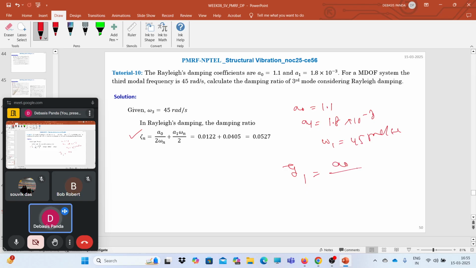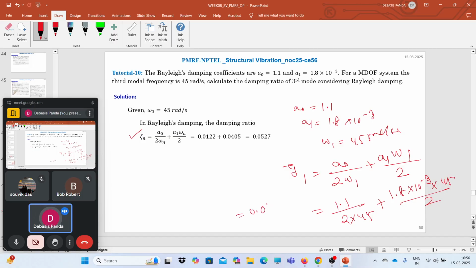Zeta 1 will be a naught by twice omega 1 plus a1 omega 1 by 2. That is 1.1 divided by twice into 45, plus 1.8 into 10 to the power minus 3 into 45 divided by 2, and that comes as 0.0527. That means almost 5%.